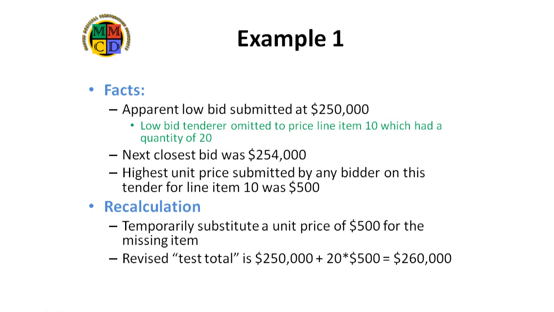The next closest bid was $254,000, and the highest unit price submitted by any bidder on this tender for line item 10 was $500 each. So we do the recalculation by temporarily substituting a unit price of $500 for the missing item. The revised test total is now $250,000 plus 20 times 500, or $260,000.